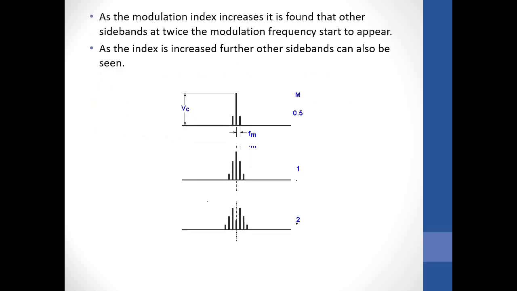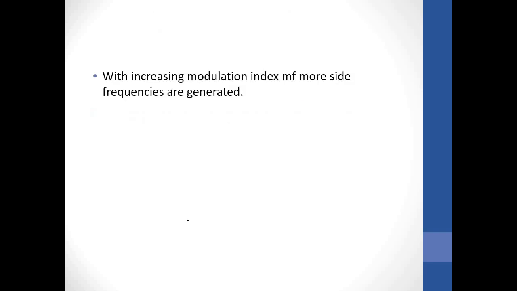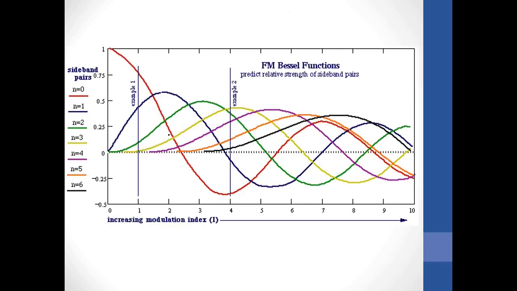And then at M equal to 2, you can actually see that the carrier has a smaller amplitude compared to this. And then we've got this pair of sidebands plus another pair of sidebands. So if you go back again to the Bessel function at 2, you can see that the carrier is below 0.25.